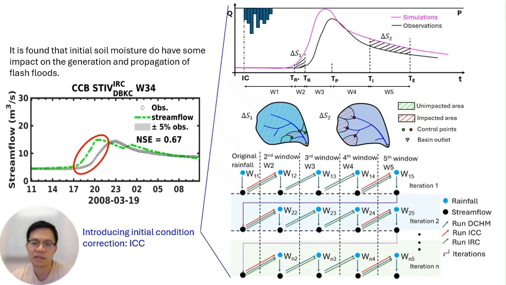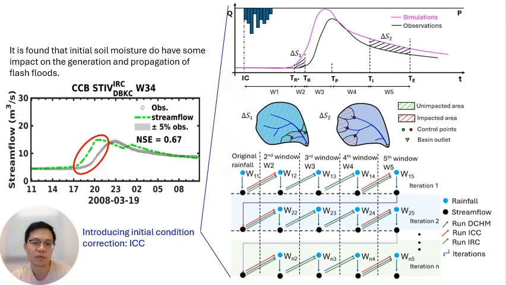So we delineate a so-called impact area, calculated based on travel time distributions, and the initial soil moisture in this impact area will impact the magnitude of delta S1.